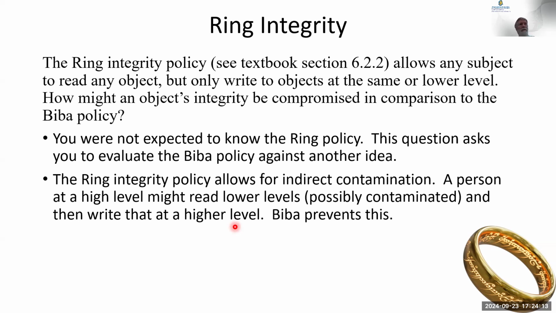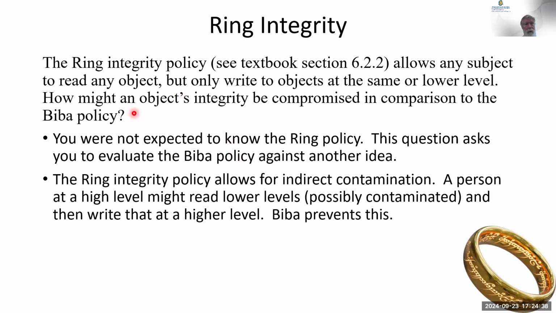The Biba model says you can read up and write down, to tell the other people, but you can't write up because you might be writing corrupt information. It's the opposite of the Bell-LaPadula model.